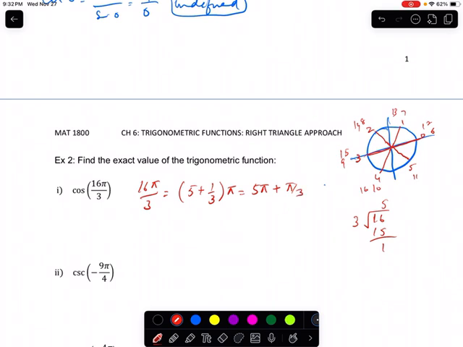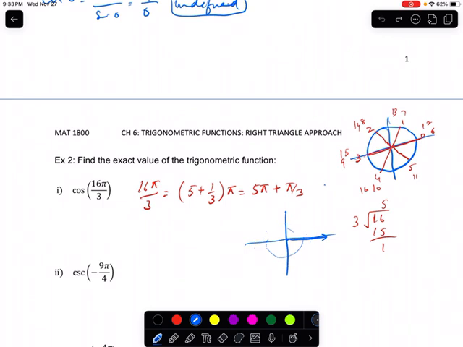So now I can draw the angle in the standard position. The initial side is over here, and the final side. So you can see pi, 2 pi, 3 pi, 4 pi, 5 pi. So 5 pi and then pi over 3. It lands us in this quadrant with this angle pi over 3.